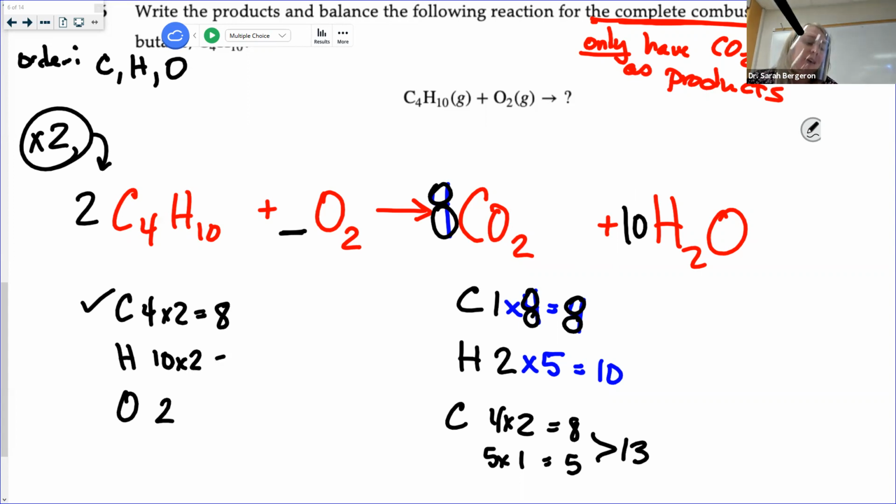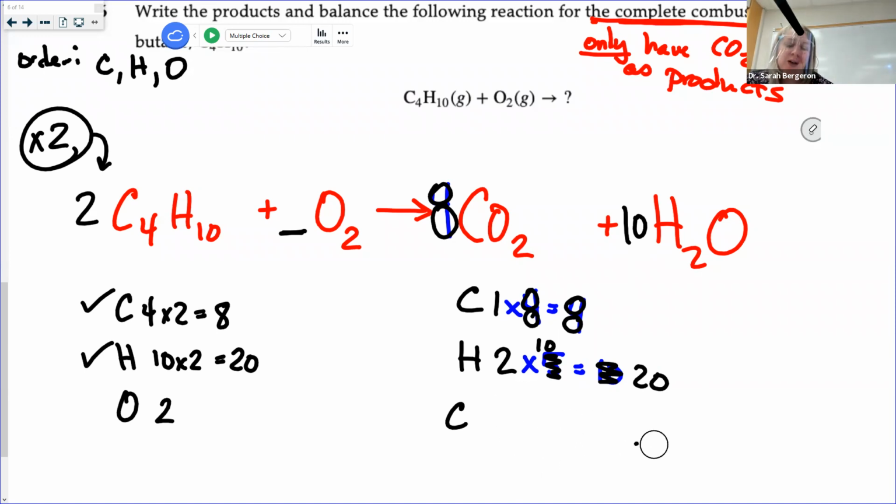Hydrogen. 2 times 10 is 20. Over here, hydrogen, 2 times 10 is 20. That checks out. Okay, now my oxygens. 8 times 2 is 16.